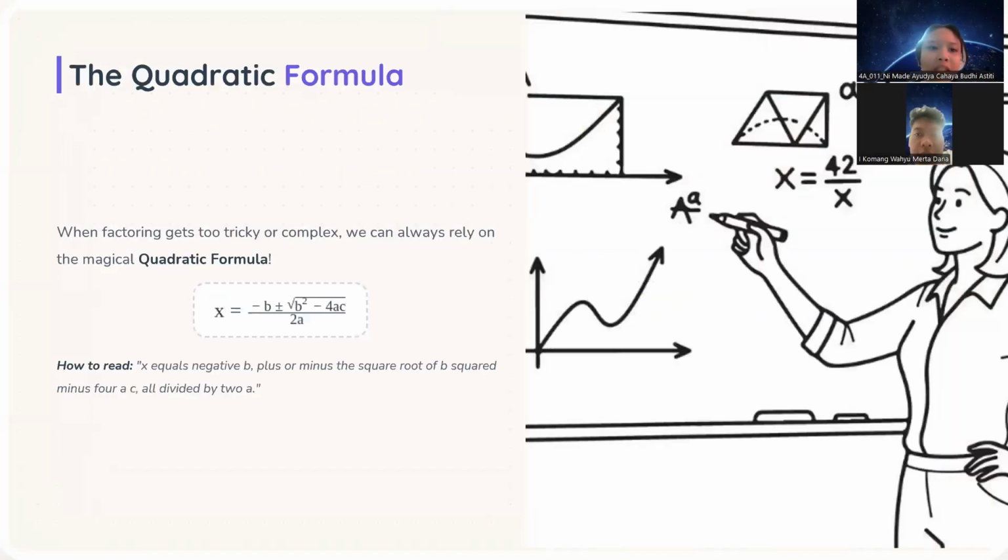Next is the quadratic formula. When factoring is difficult, we can use the quadratic formula, and we read it as x equals negative b plus or minus the square root of b squared minus 4 times a times c, all divided by 2 times a.